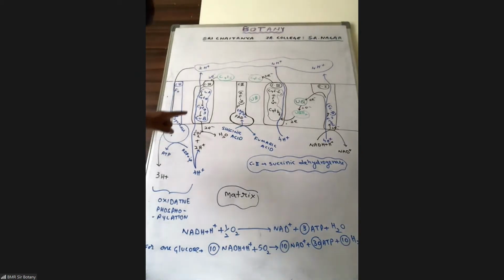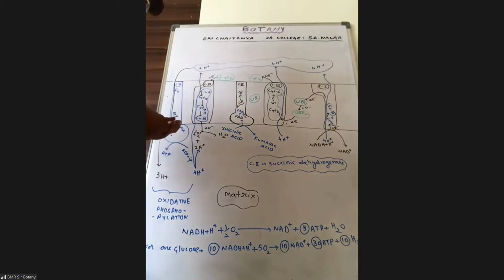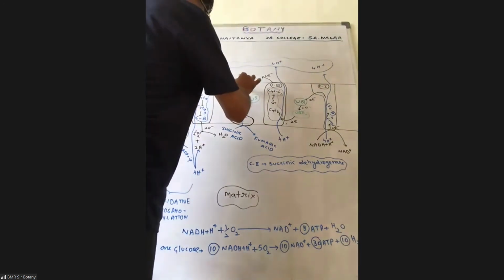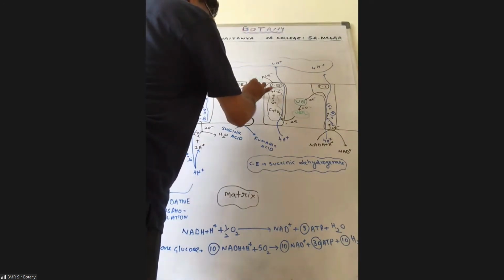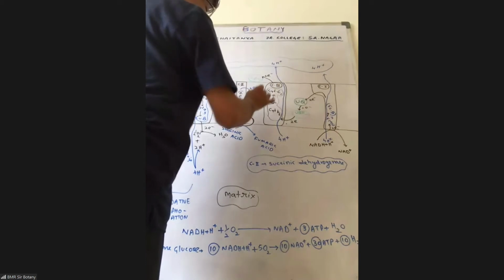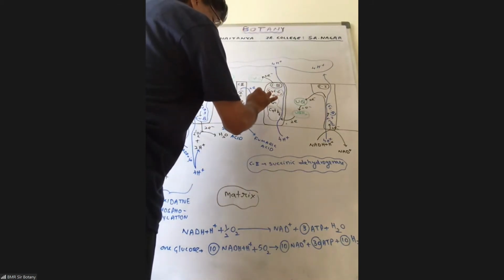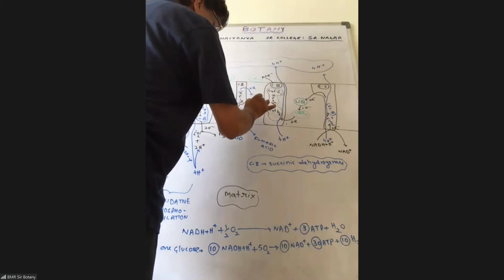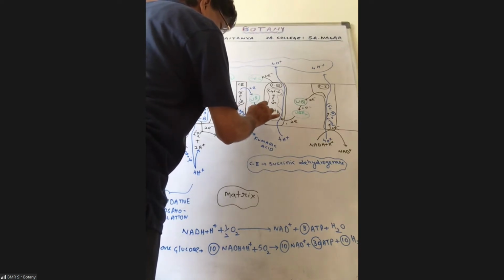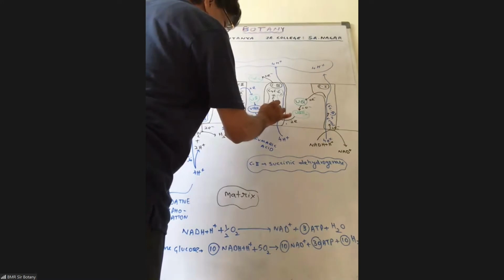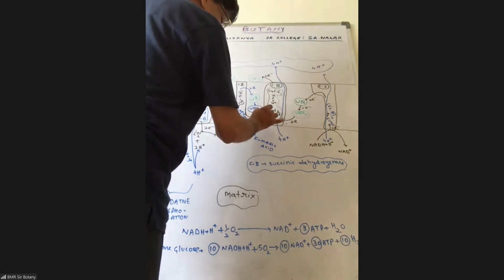When FADH2 of complex 2 undergoes oxidation, its electrons are passed on again to ubiquinone. The same ubiquinone undergoes reduction into UQH2, then oxidation to donate electrons to cytochrome B6.